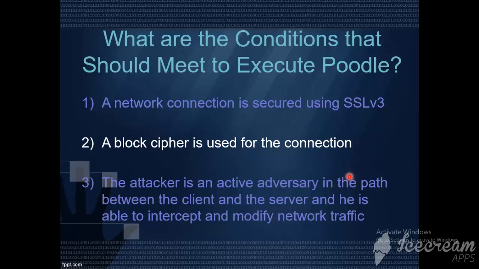So what are the conditions that should be met to execute a POODLE attack? There should be a network connection with SSL v3, and a block cipher used for the connection, especially CBC. Also the attacker is an active adversary in the path between the client and the server, and is able to intercept and modify the network traffic.